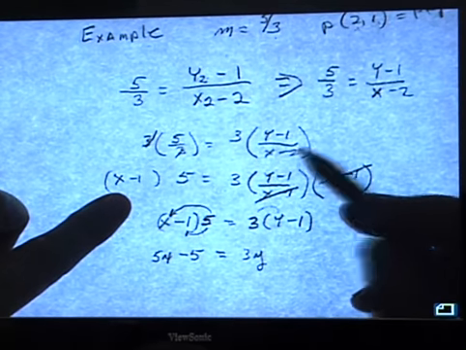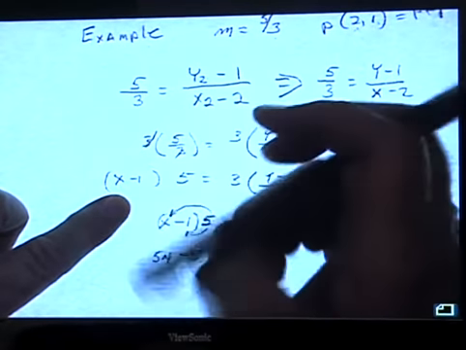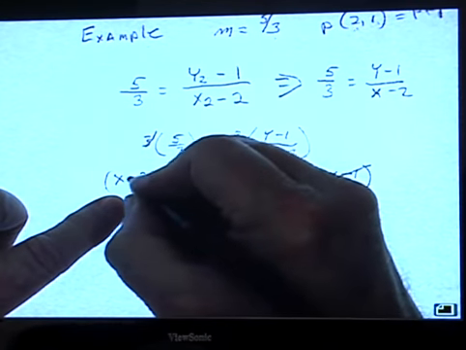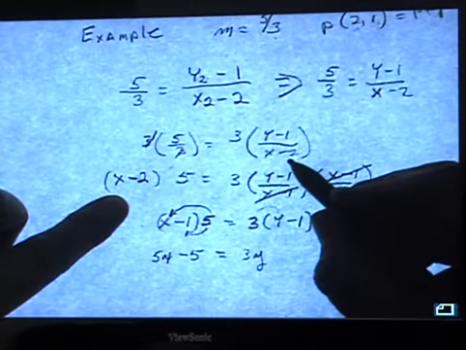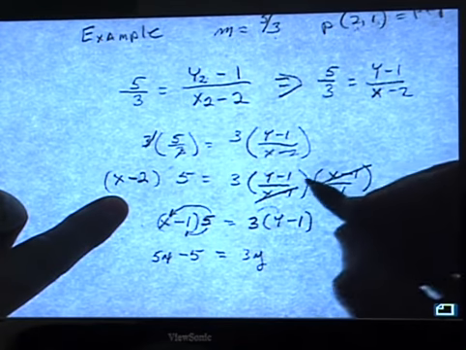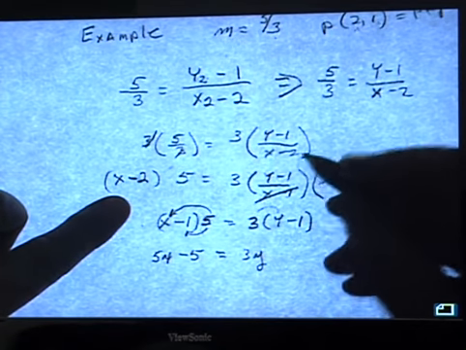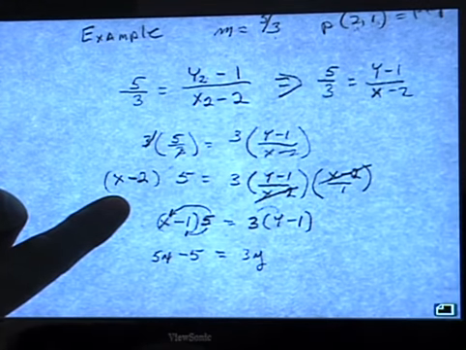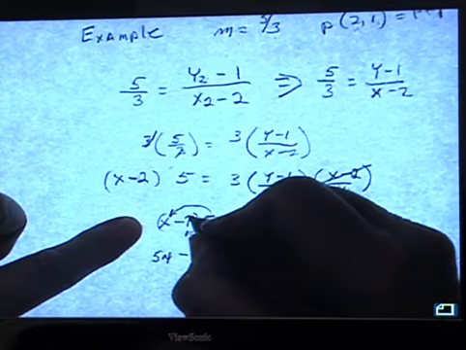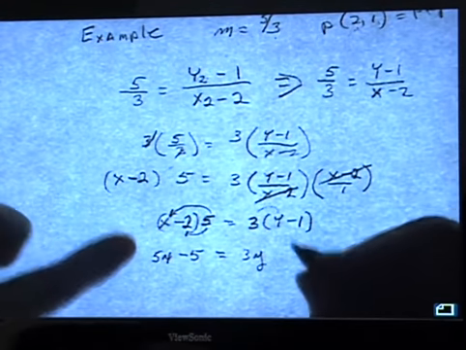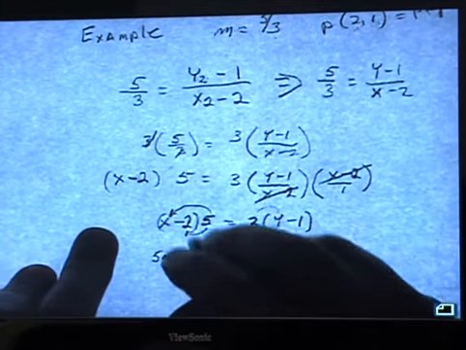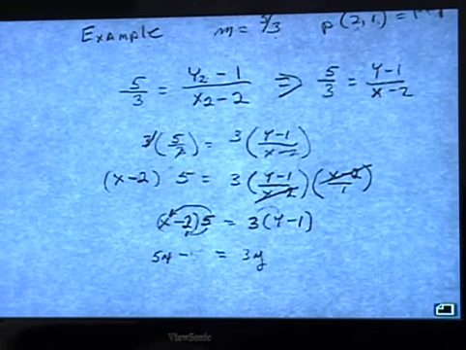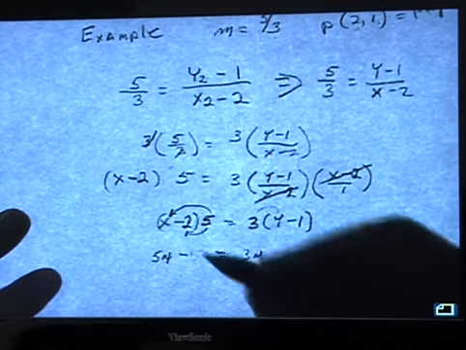Yes, you're right. This should be a 2. Thank you. See, this was an x minus 2. So we're going to multiply by x minus 2. That's going to make this different, isn't it? Okay, it's still y minus 1 though. Thank you very much. Never hesitate to point out my mistakes there.